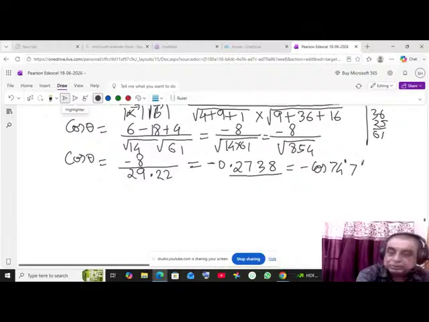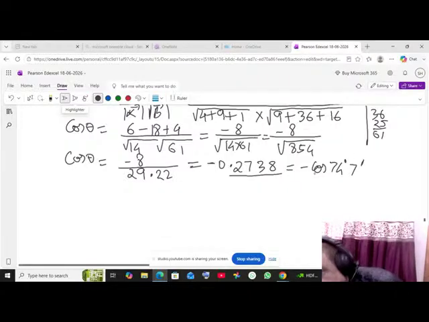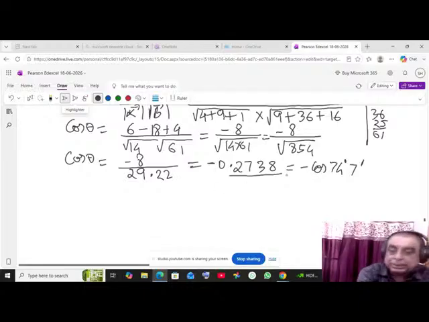From the tables you can see the cos of which angle has the value 2738. So this is the cos of this angle.